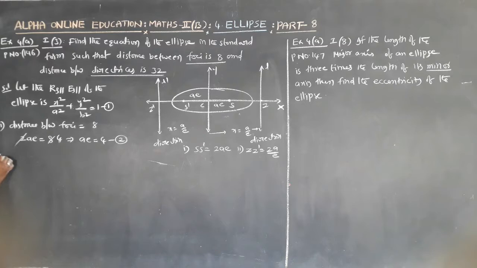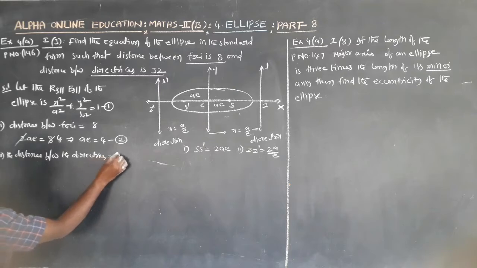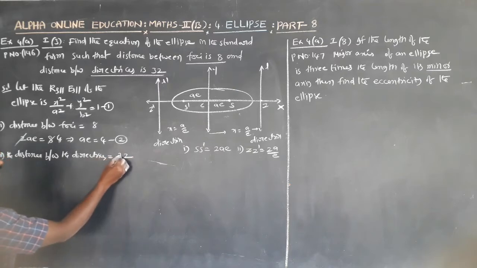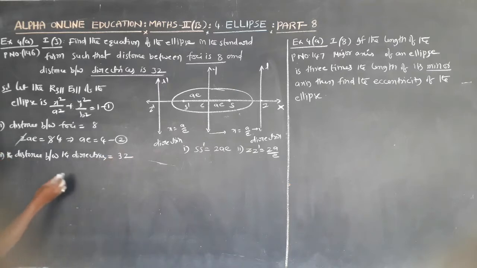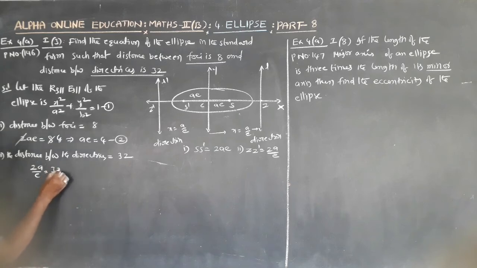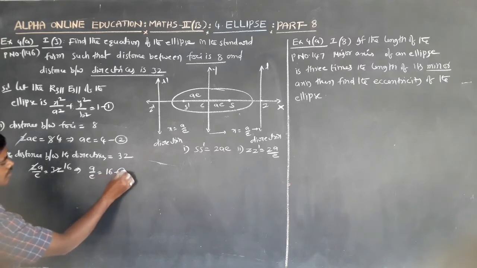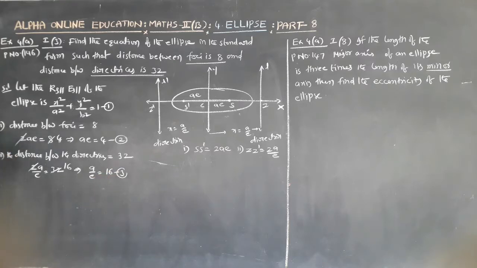Second one, the distance between the directrices is equal to 32. Distance between the directrices means 2A by E is equal to 32. 2 ones are 2, 2 sixteens are 32, so A by E is equal to 16.